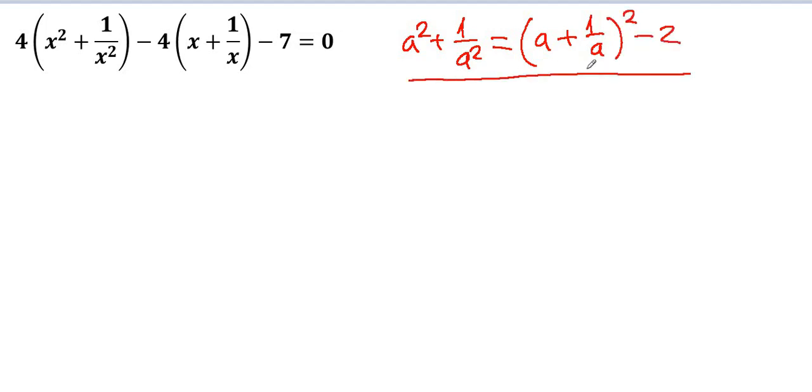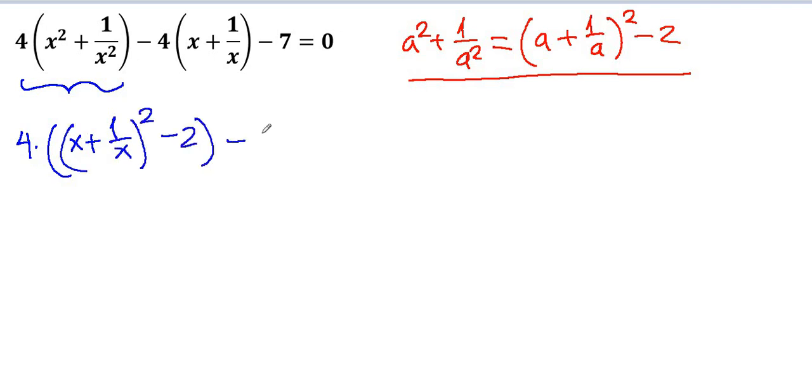Now, using this identity, I can rearrange the left-hand side of this equation. According to this identity, the expression will be as follows: 4 times (x plus 1 over x) to the power of 2 minus 2, minus 4 times (x plus 1 over x), minus 7 is equal to 0.